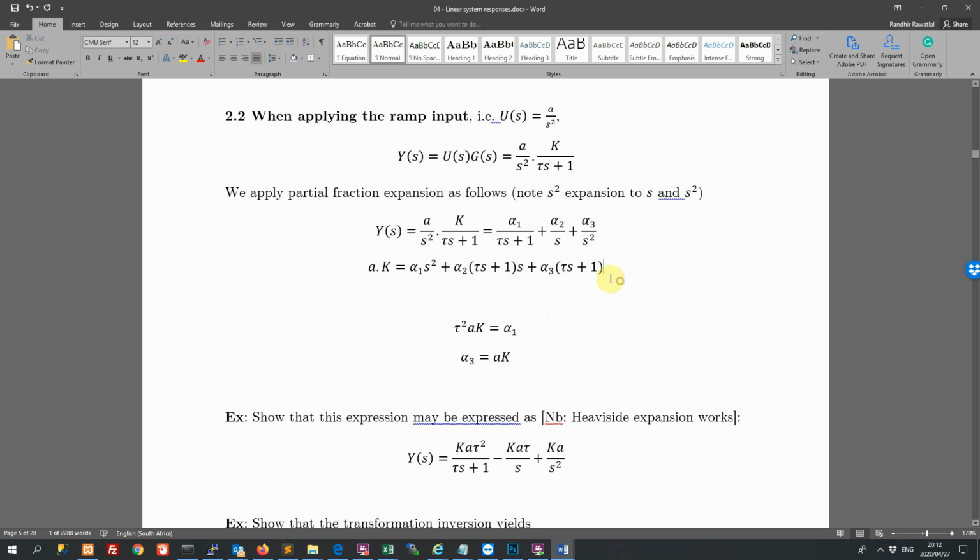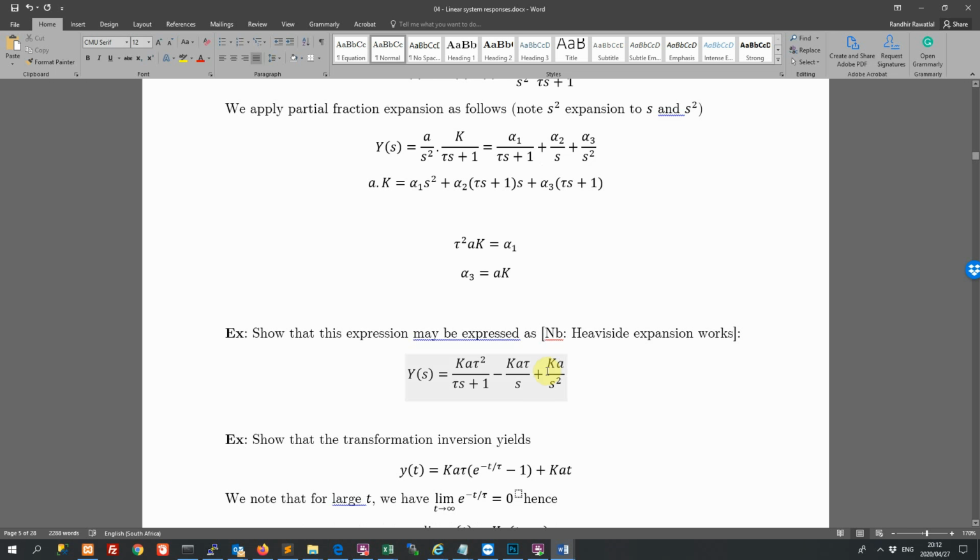So anyway, we have now expanded this form for which we don't have a known inverse transformation. We've translated it into this form, and if we look at each of these, we can invert each of these, right? So it looks like this. That's the Laplace transform in this form.